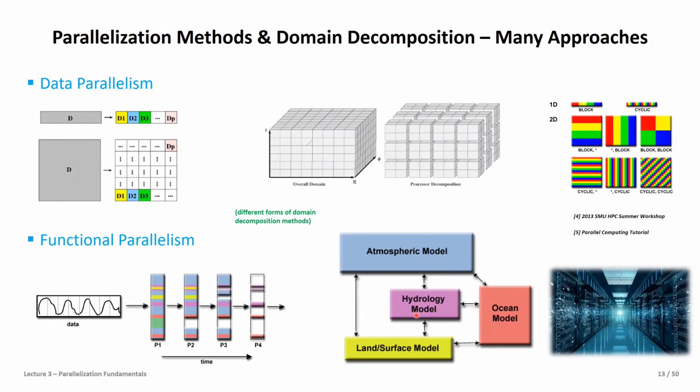And then there's another hydrological model that interacts with the ocean model, and all of them work together intertwined. So they all have a different function. They simulate the atmosphere, the ocean, etc. But this would be called functional parallelism, governed perhaps by somewhat similar equations, but still in different domains or elements.